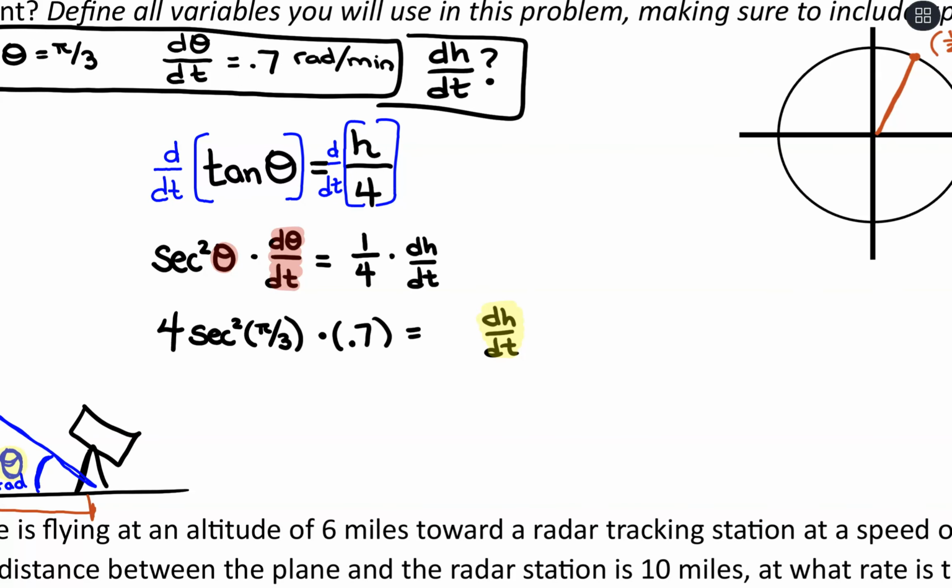So we can make this substitution: we have this 4 out front, and then where we have secant squared of pi over 3, that's the same thing as 4, and then times 0.7 equals dh dt. So let's see, 2.8 times 4, so 11.2.